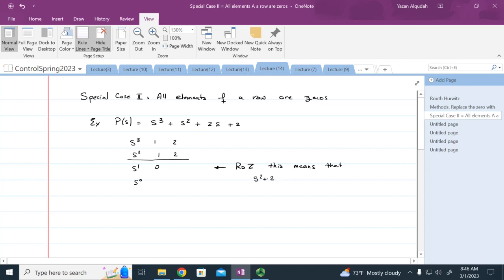So what we're saying, when we have a row of 0, we're going to go to the row above it. We're going to take that polynomial that is established by that row, which in this case is s squared plus 2. This s squared plus 2 is a factor of the original polynomial. So I can factor this original polynomial as s squared plus 2 multiplied by s plus 1.